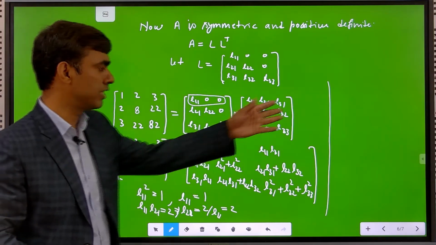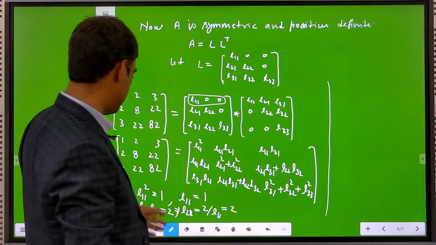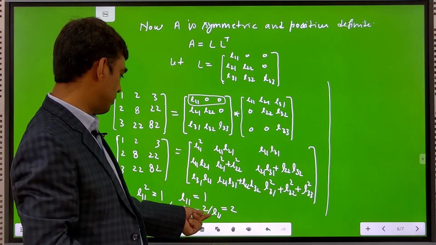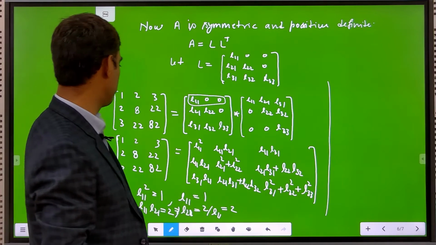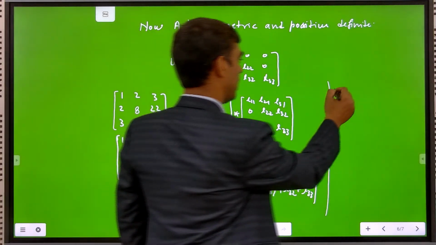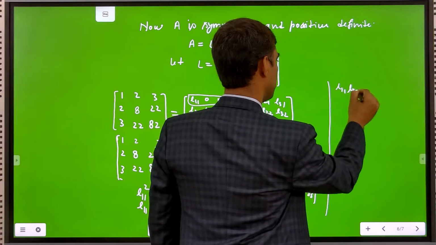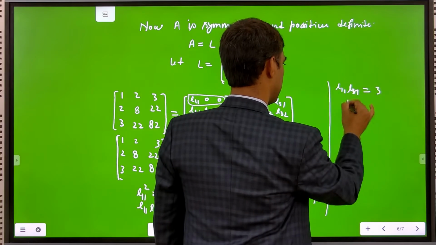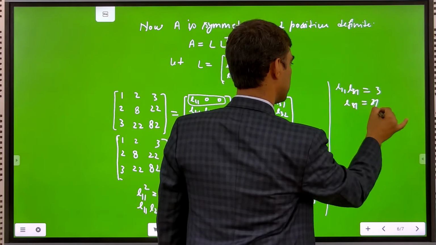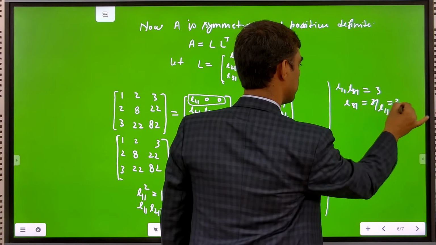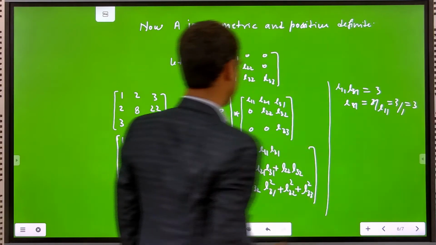So we try to calculate on the right-hand side of this page only. L21 is 2, and similarly L11 L31 equals 3, then L31 equals 3 by L11, which is 3 by 1, and this equals 3.